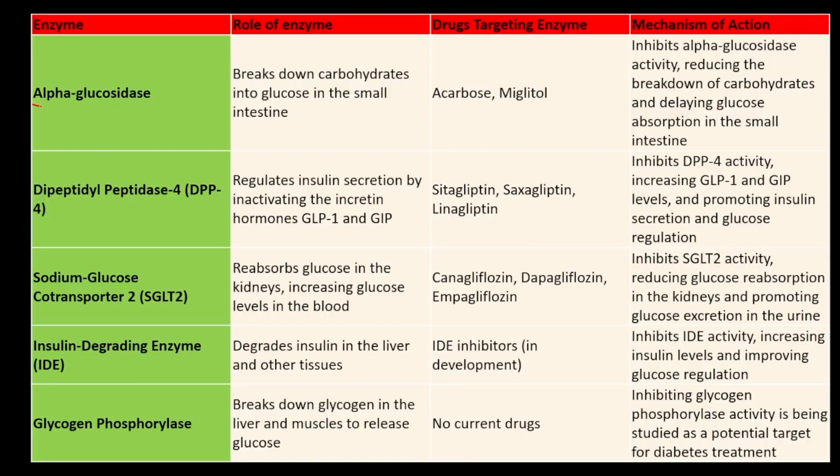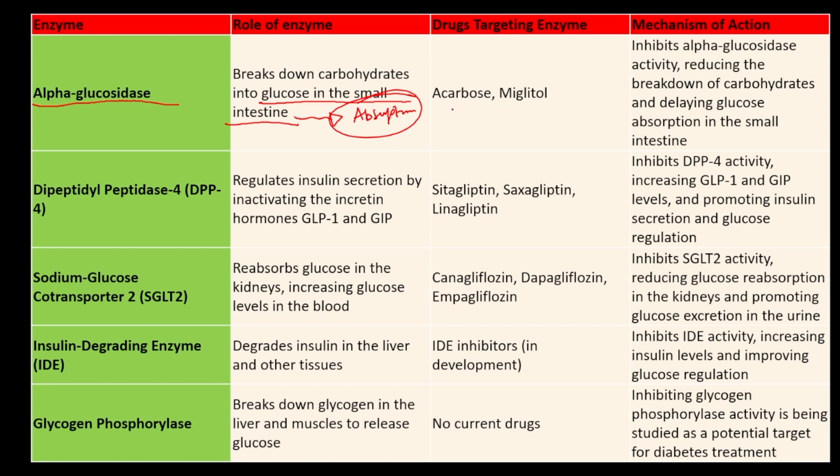So if you want to target alpha glucosidase, the role of the enzyme is that it breaks down carbohydrate into glucose in the small intestine, and as a result it allows the absorption of the glucose molecule.